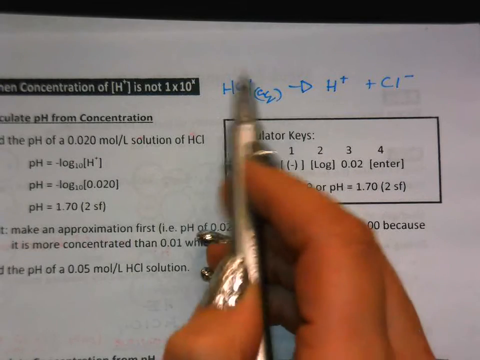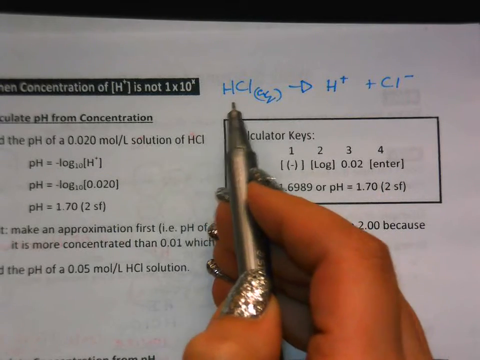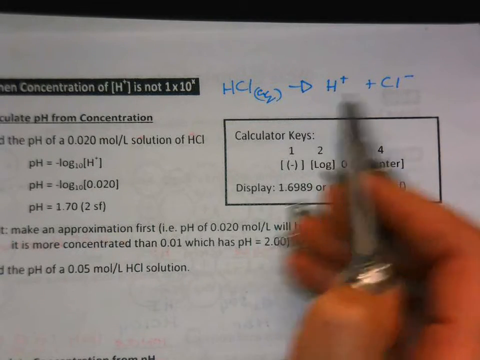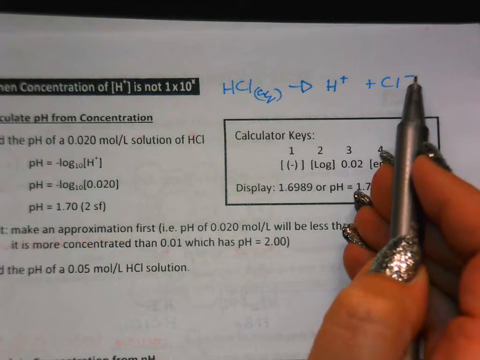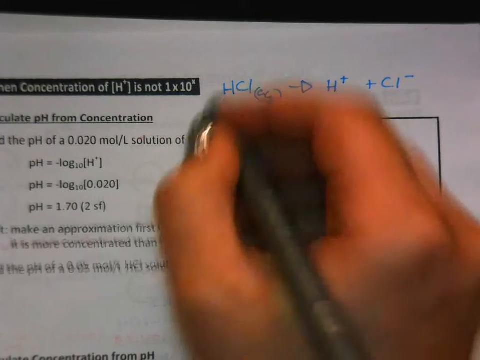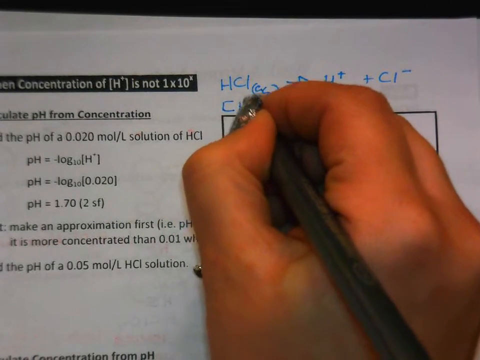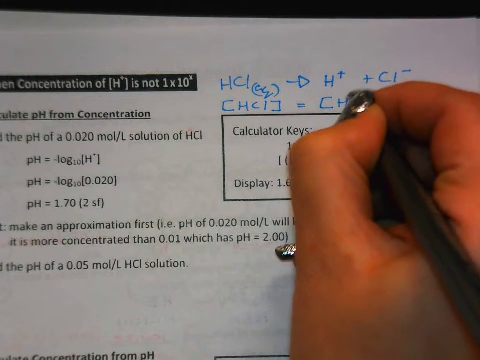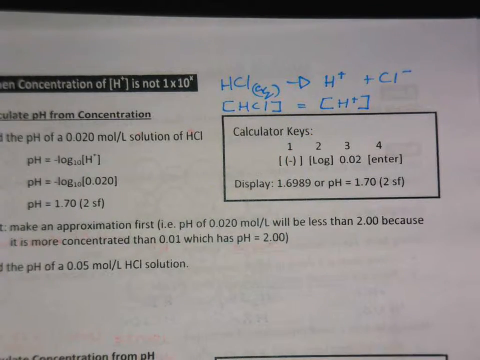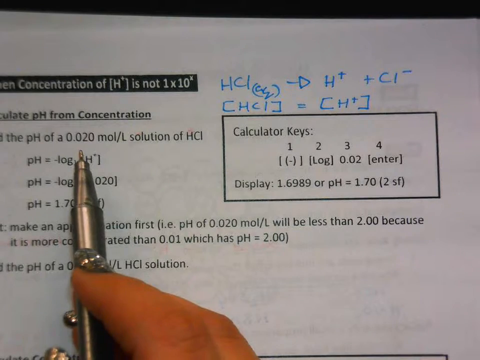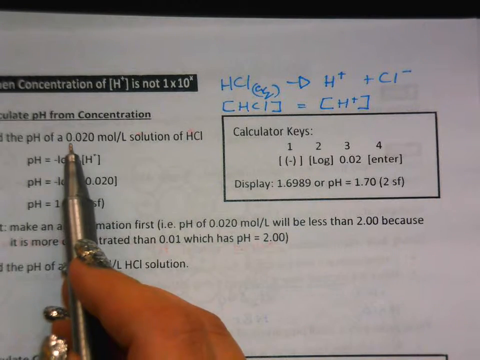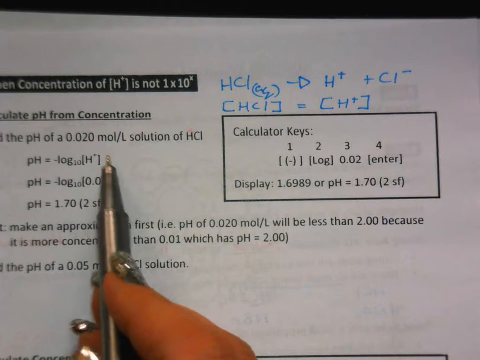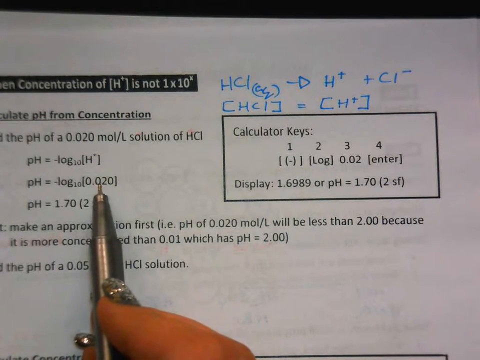Every 1 molecule of HCl will produce 1 ion of H plus and 1 ion of Cl negative. So this means that the concentration of HCl will be equal to the concentration of H plus. So when I say that the concentration of HCl is 0.02 mole per liter, then I know that the concentration of H plus must also be 0.02 moles per liter.